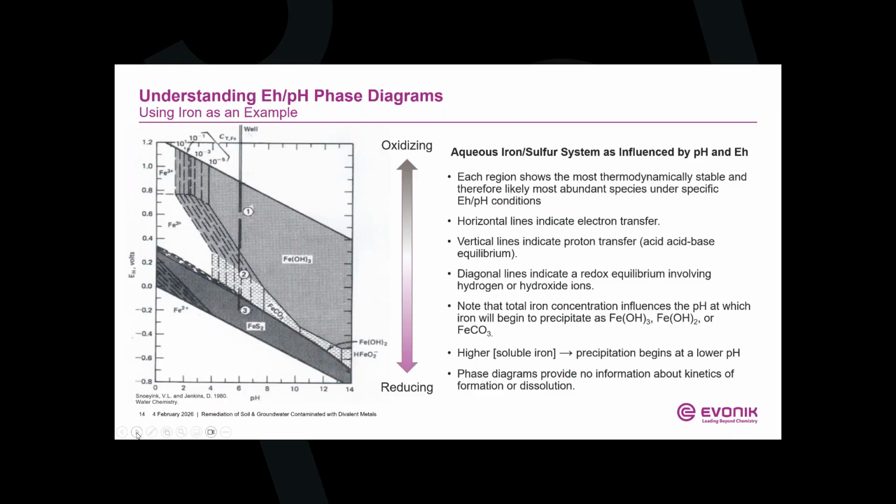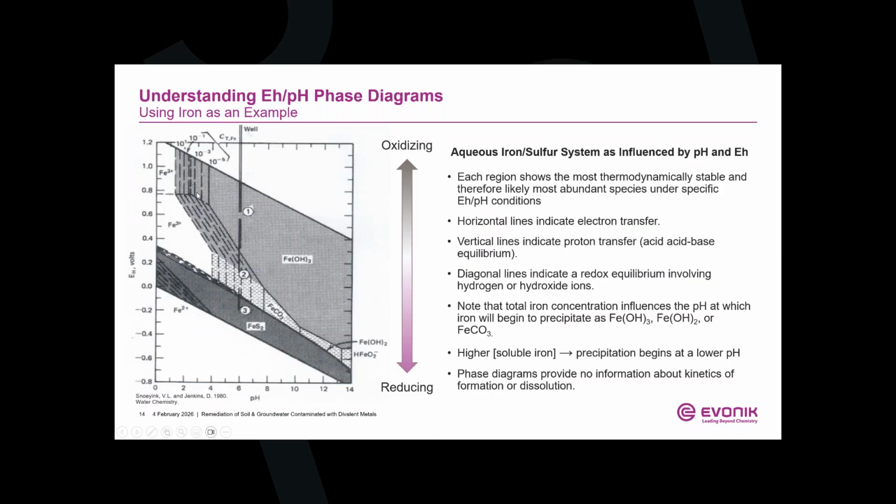So here's an example of a phase diagram that has a well going down into the subsurface. There's a number of important points here. Each region between the lines illustrates the EH-pH zone where a given species, in this case iron, is thermodynamically stable and therefore is likely the most abundant species.